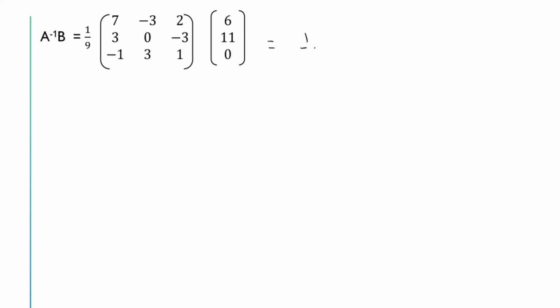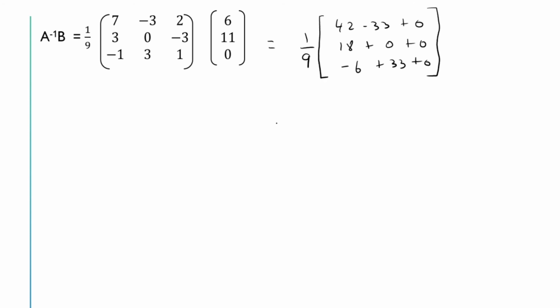So this is equal to 1 by 9 into 42 minus 33 plus 0, then 18 plus 0 plus 0, then minus 6 plus 33 plus 0. So this is equal to 1 by 9 into 42 minus 33 is 9, 18 plus 0 is 18, then 33 minus 6 is 27. So this is equal to 1, 2, 3.